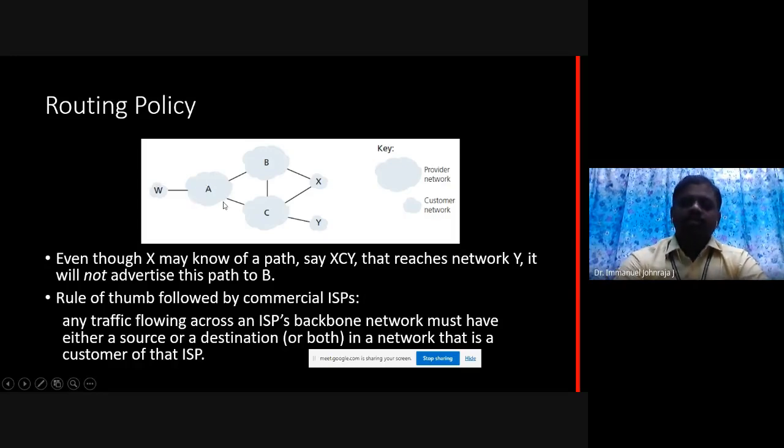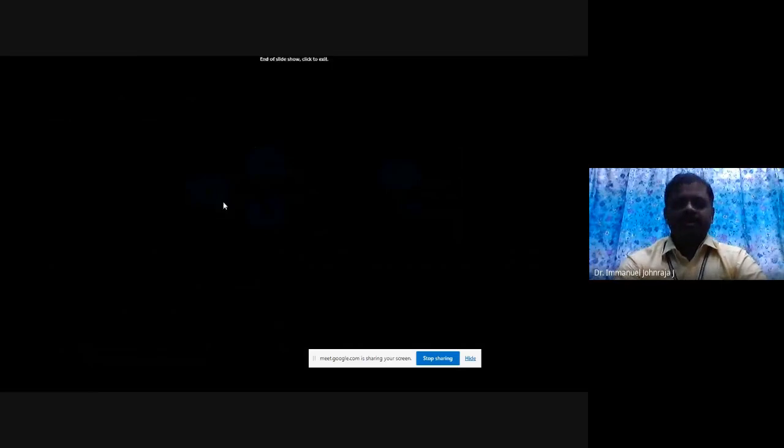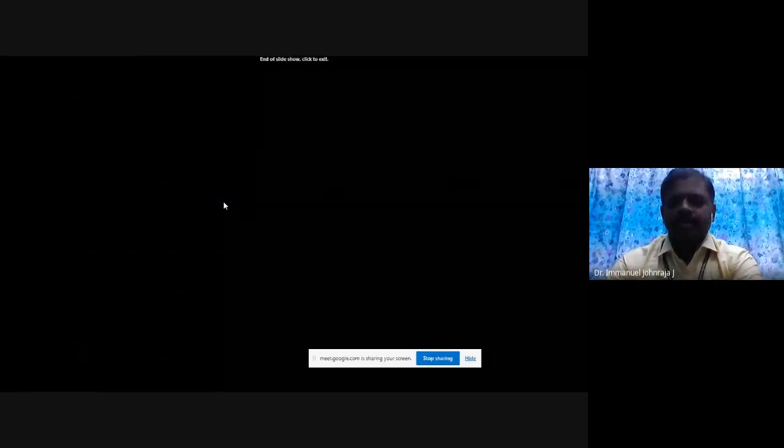So they also have their own policy and protocols, whether to forward the packet or not, based on the policy. All right, so that's the end of the second phase. Moving on.